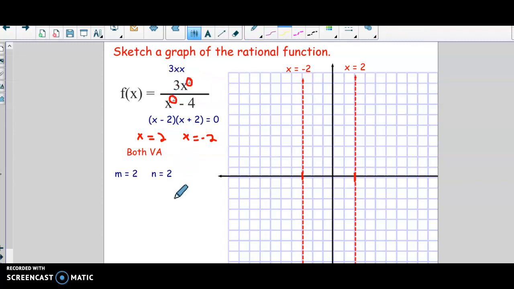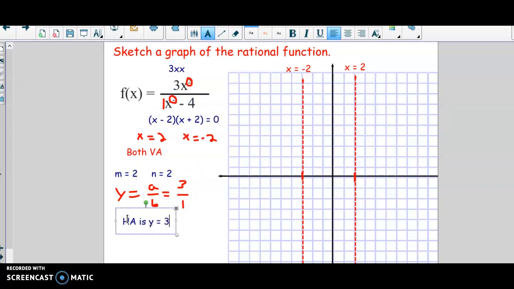According to our chart, if they're equal, the horizontal asymptote is y equals a over b, where a and b are the coefficients. Up top, our leading coefficient is 3, and in the denominator, the leading coefficient is 1. So our horizontal asymptote is y equals 3.